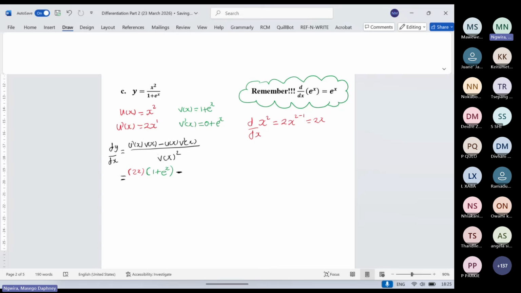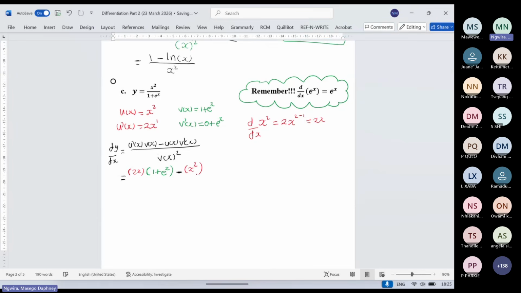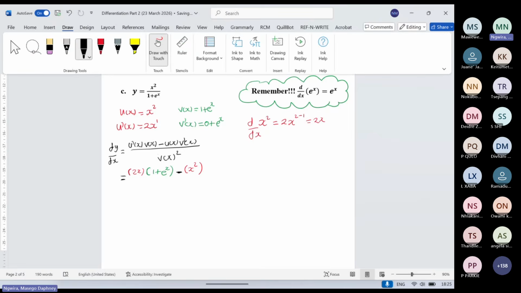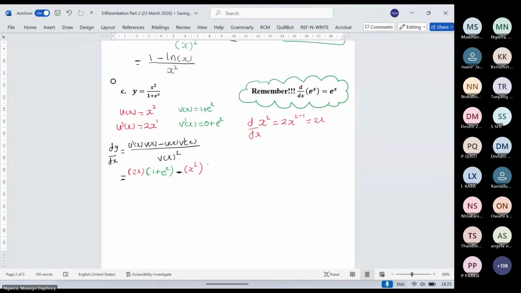And then now we say u(x), our u(x) is x squared. So this is x squared, and then times our derivative of v(x), which is e to the power of x, because 0 plus e to the power of x is just e to the power of x.